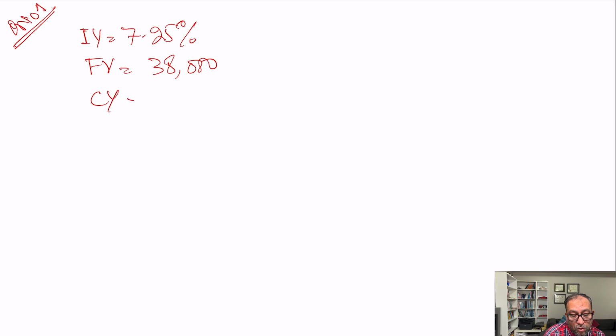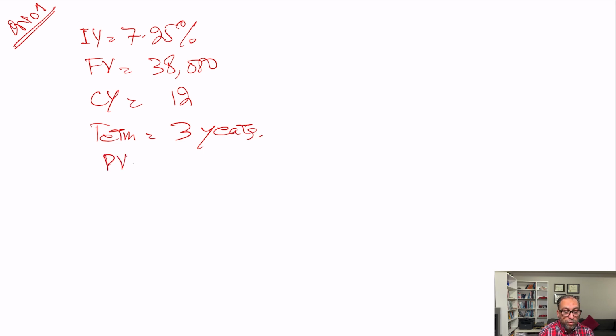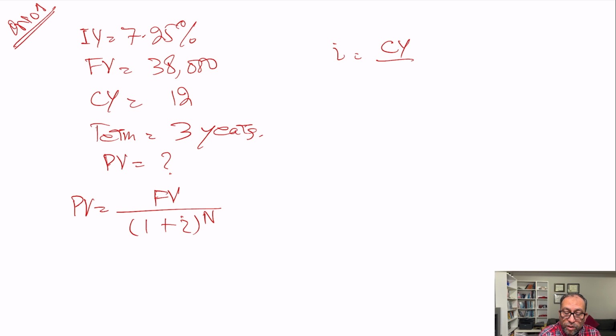CY is 12 on a monthly basis, and the term is 3 years. And what we want to know is the present value, how much we have to invest. The formula says present value is equal to future value divided by 1 plus I exponent n. To calculate I, we use Iy over Cy.